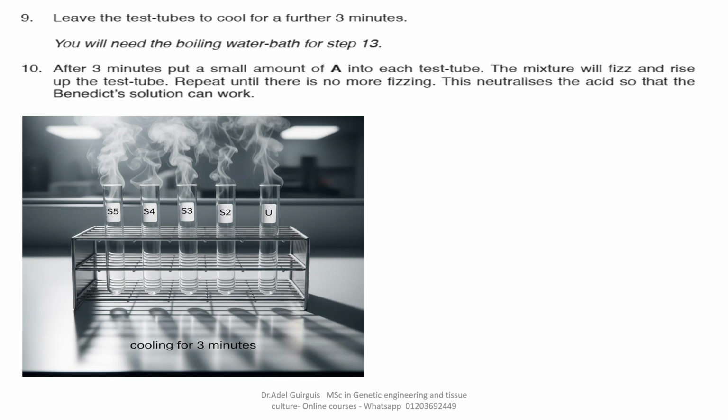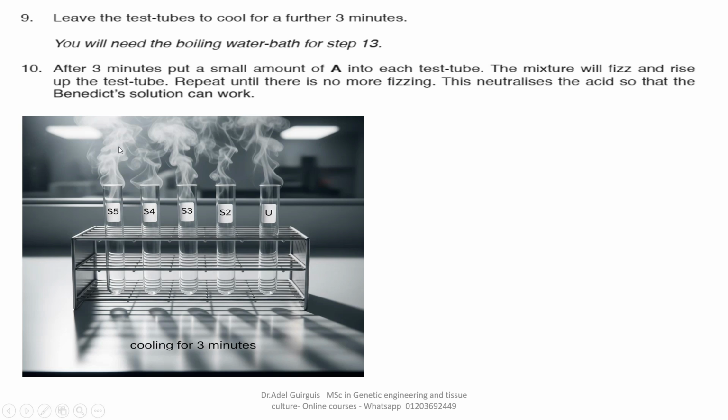Benedict solution works perfectly in alkaline medium. So we have to change the medium of these test tubes from strong acidic medium due to HCl into neutral 7, and even maybe reach 8 or 9.